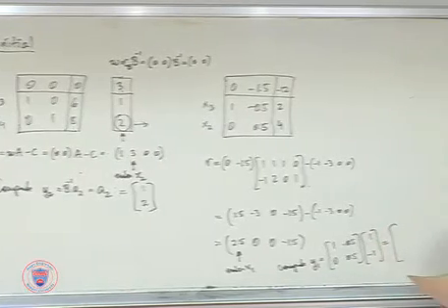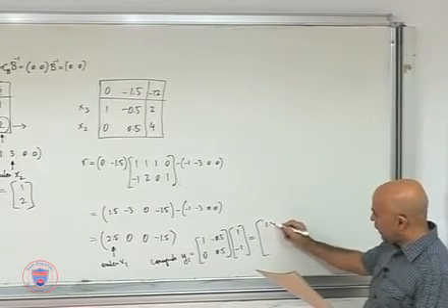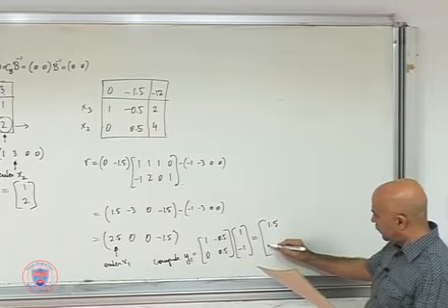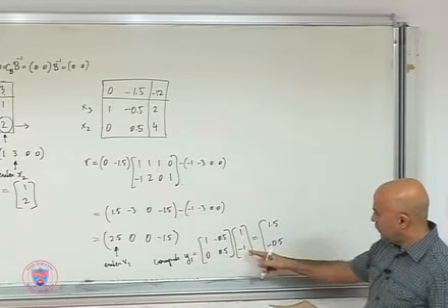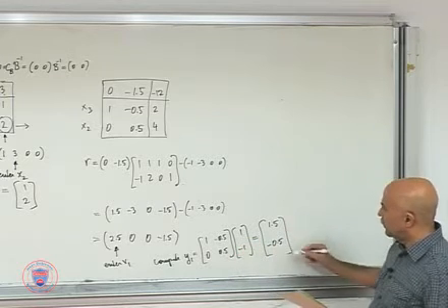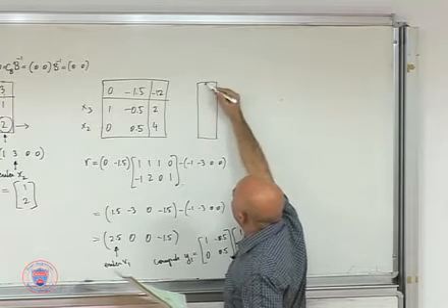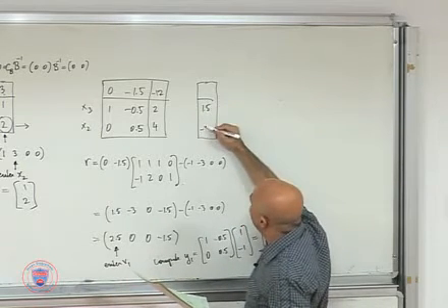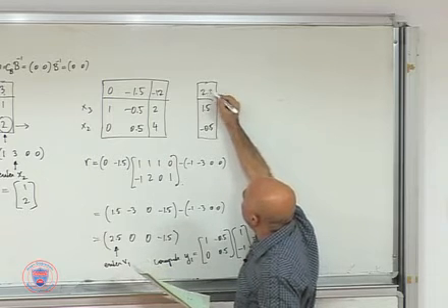So the result of this is how much? 1.5 and minus 0.5. So you write it here, with reduced cost of 2.5 at the top.